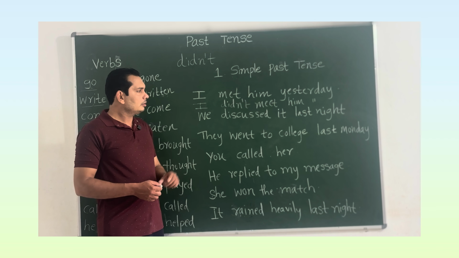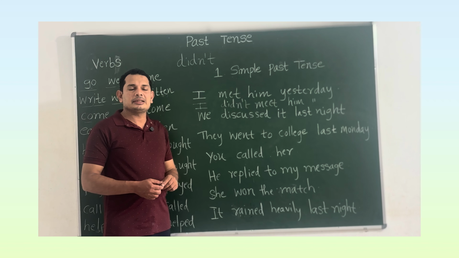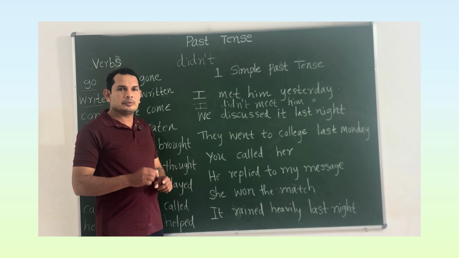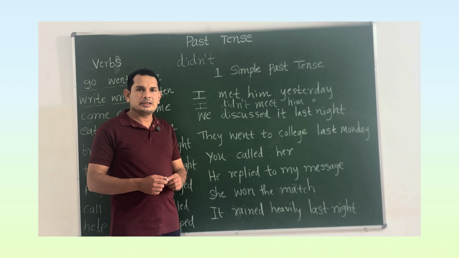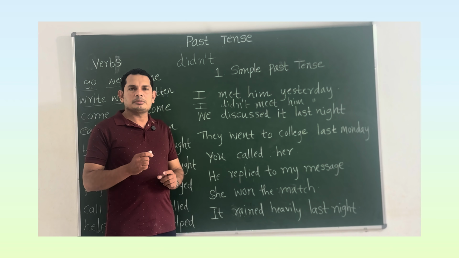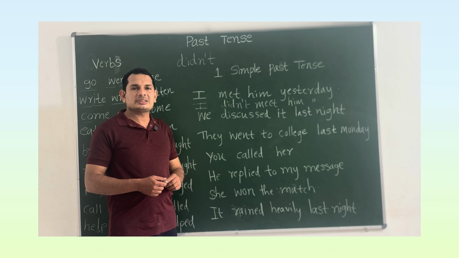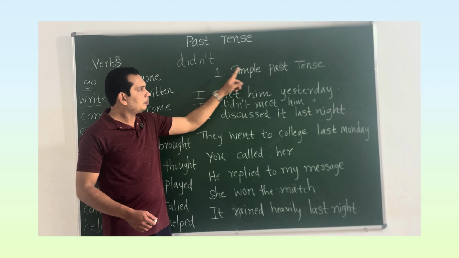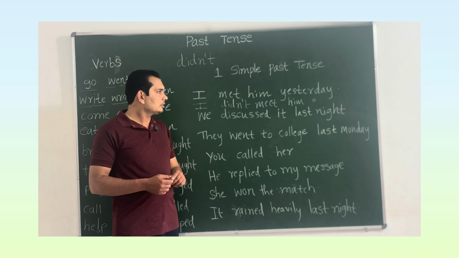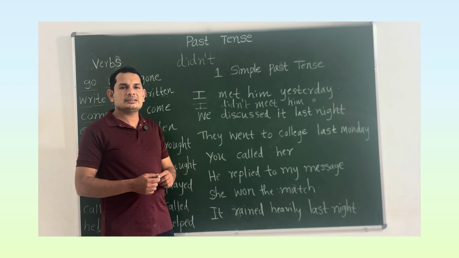Now you can compare these sentences with the sentences that we learned while talking about the simple present tense. It will give you a clear idea. In the simple present tense, we use the auxiliaries don't and doesn't. It's a bit confusing. Compared to simple present tense, simple past tense is easier because in this tense we use only one auxiliary, that is didn't.